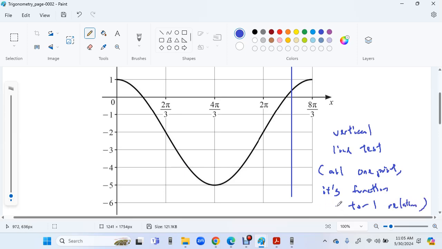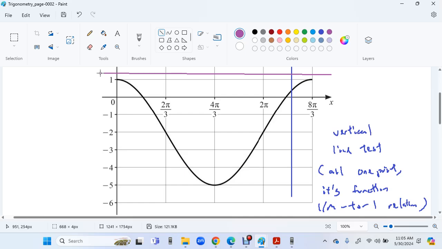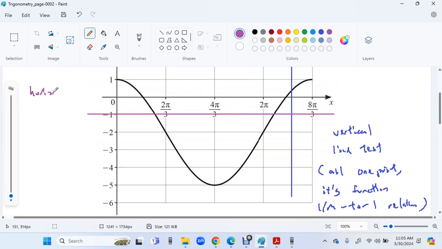Then it is a to-1 relation. Okay, it can be 1 to 1 or many to 1 relation. So how do we know that it is 1 to 1 or many to 1? Okay, we have a horizontal line test. So when we have a horizontal line test, if we touch 2 points, then it is many. So this is the horizontal line test. 1 point, then it is 1.